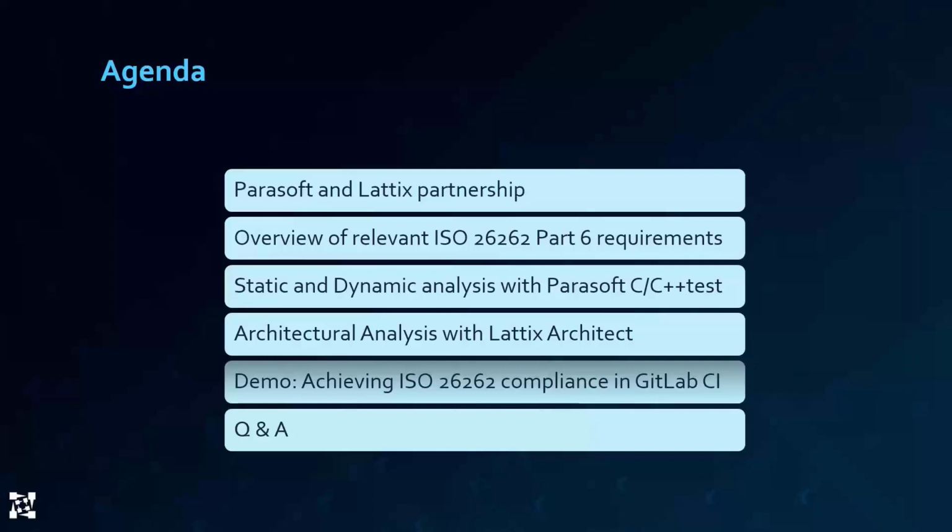So I just said a lot of things here, but the important thing is what exactly is ISO 26262? It's a functional safety standard. It's a document applicable for electronic systems installed in road vehicles. The important thing is that it has many parts. The part that we will be covering today specifically is Part 6, which is specific to software.